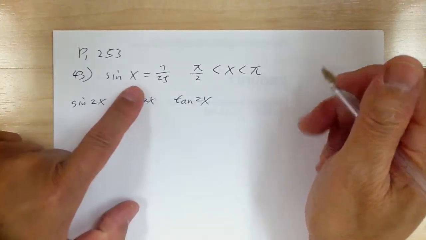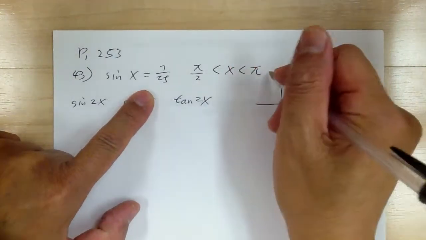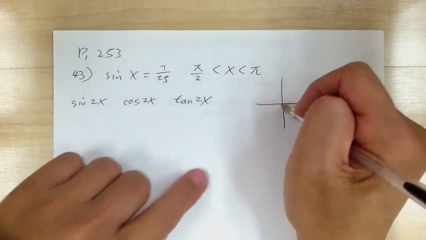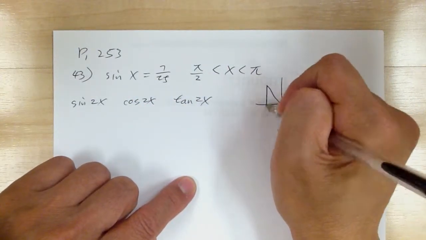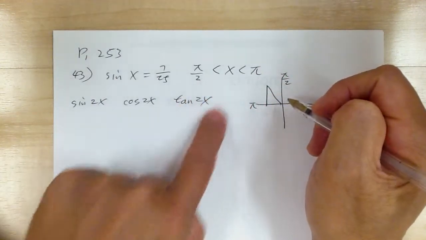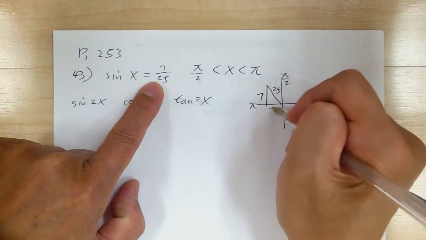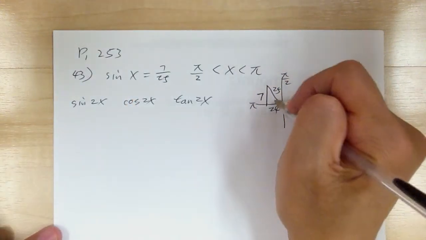First you want to go and draw the triangle. Between pi over 2 and pi is this one over here, because here's your pi over 2 and here's your pi. And sine is 7 over 25, so this will be 24. You have to know your special triangles.